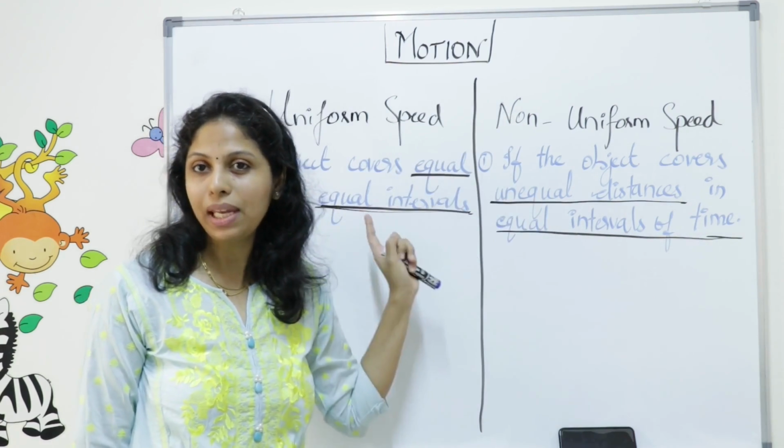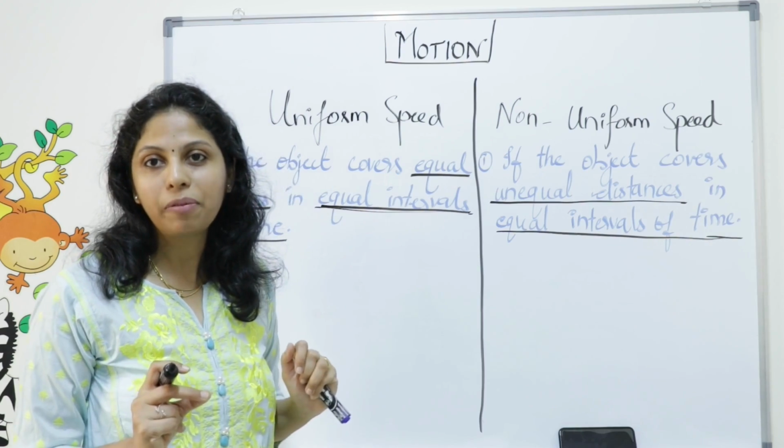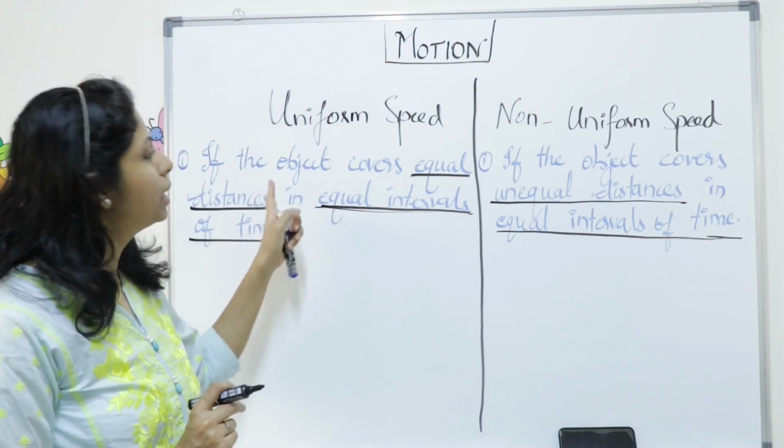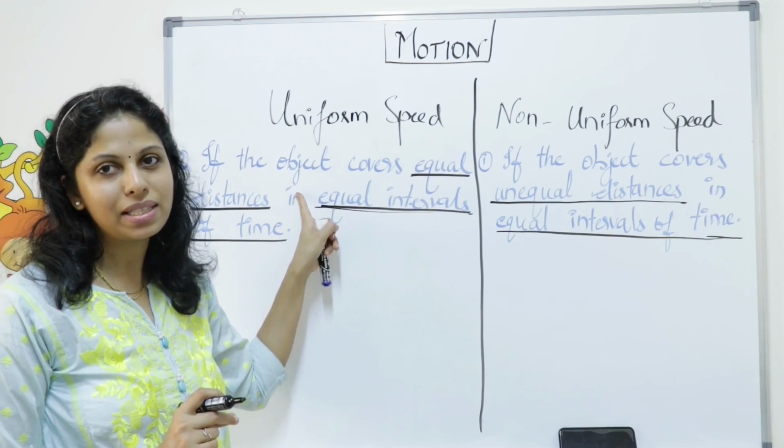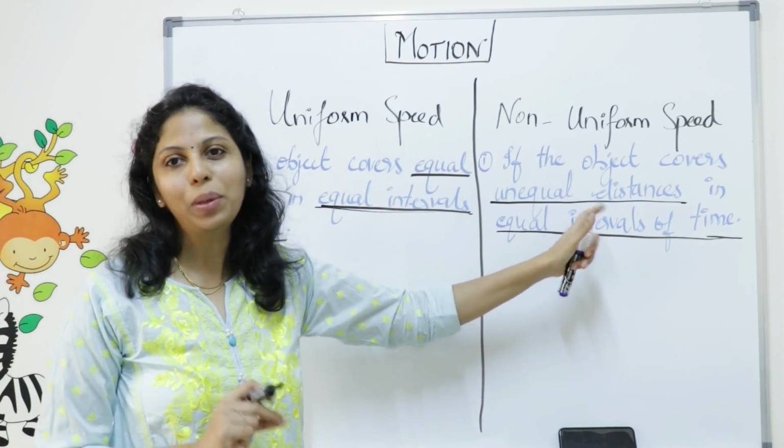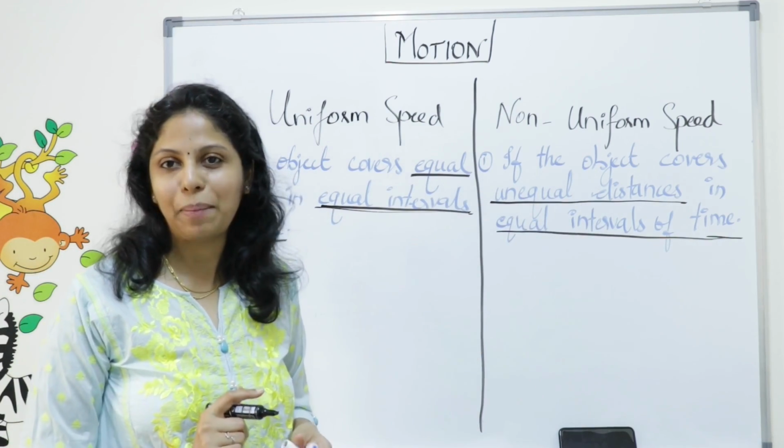So here the time periods are equal, but what is different? The distance covered is different. Here it is equal distance and here it is unequal distance. Let's see with an example.